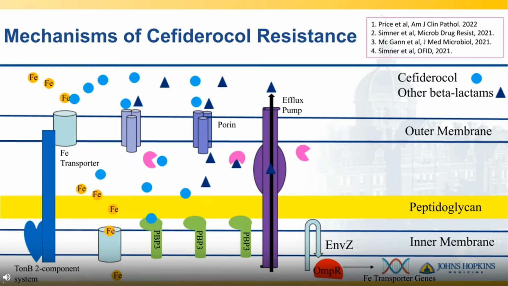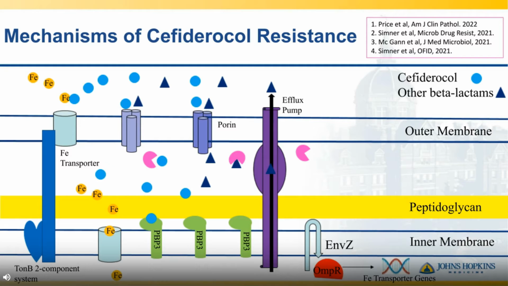However, the larger question still remains: is this increased copy number the only thing driving this increased resistance that we were seeing clinically? So we've studied mechanisms of cefiderocol resistance in my lab through various different studies. And on this slide, you'll see cefiderocol depicted here in these light blue circles.